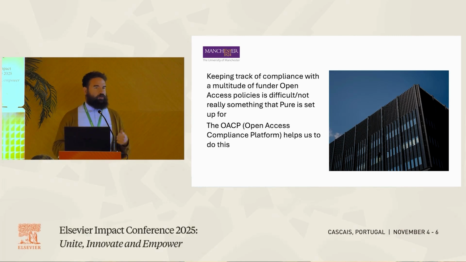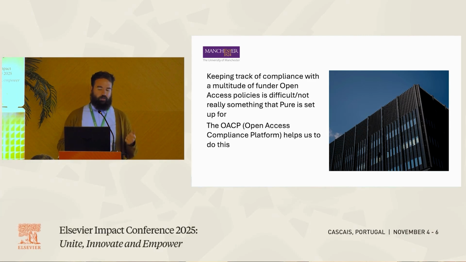Now, Pure's really good at helping us to understand where our papers have complied with the REF open access policy. That's the big one that affects everyone across the UK. But there's also a stack of other funder open access policies which we need to keep on top of as well. And lots of these overlap in lots of different ways, but there are also subtle differences which we're not really able to monitor and keep track of in Pure.